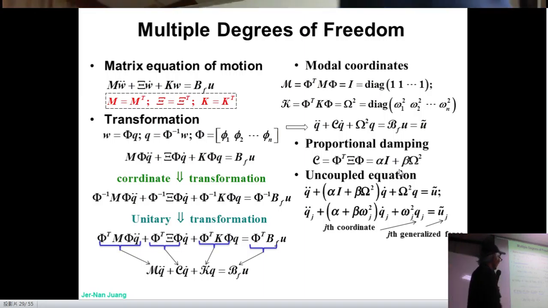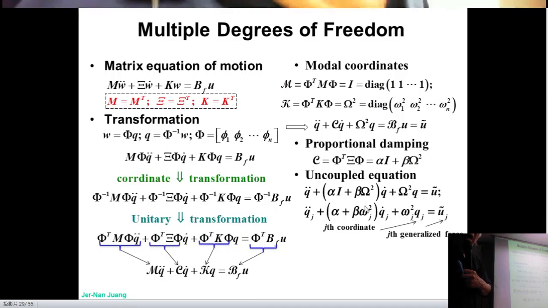All right, so when we have a transformation, we transform W to Q, for example, with capital phi times Q equal to W. We assume W is the physical coordinate, and Q is some other coordinate, and we have a matrix called phi.